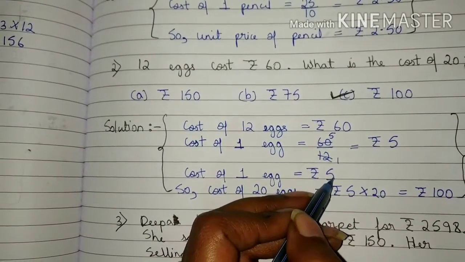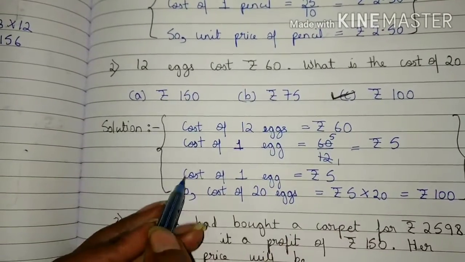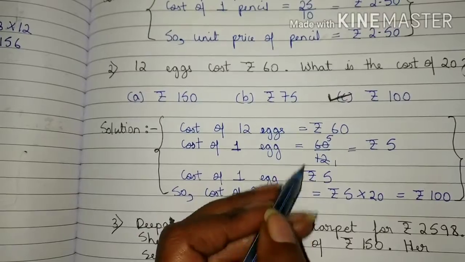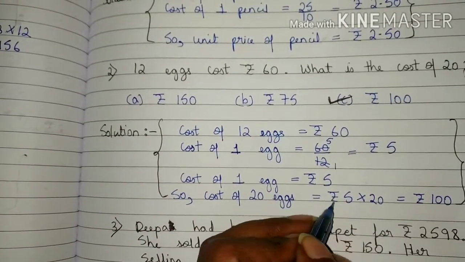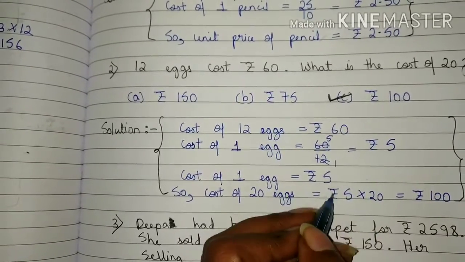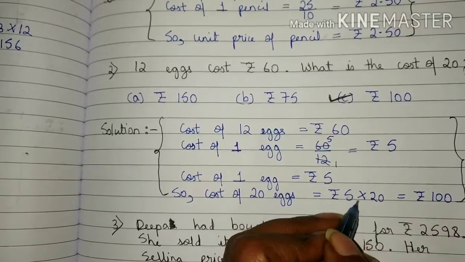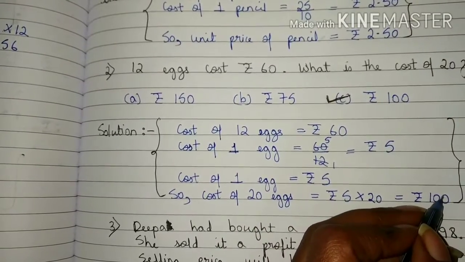Now you have to find the cost of 20 eggs. If the cost of one egg is rupees 5, so the cost of 20 eggs is rupees 5 into 20. When you multiply rupees 5 by 20, you will get the answer rupees 100.